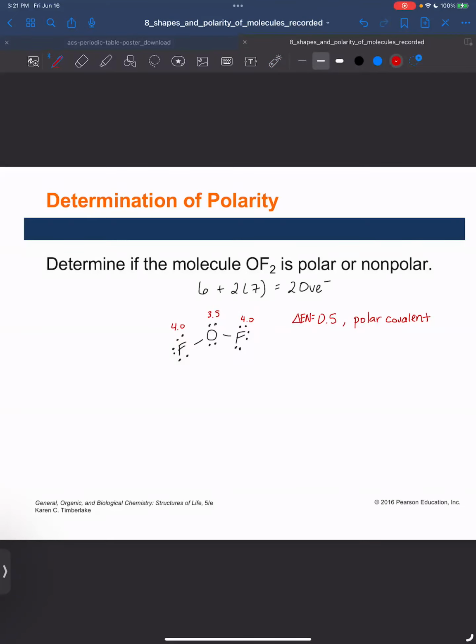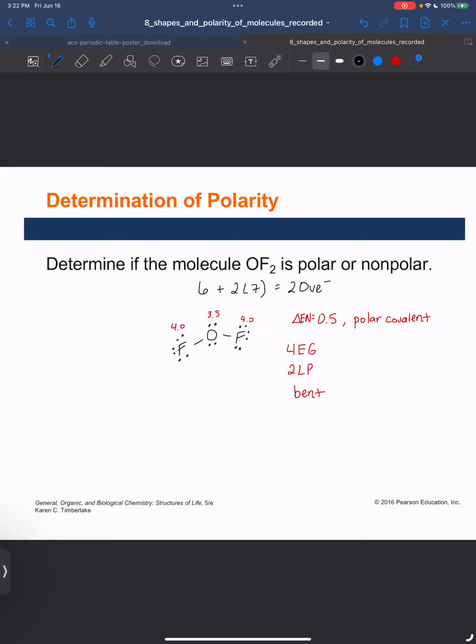So oxygen has how many electron groups attached to it? It has 1, 2, 3, 4 electron groups. How many lone pairs? 2 lone pairs. So 4 electron groups, 2 lone pairs. What is the molecular geometry? It is bent.